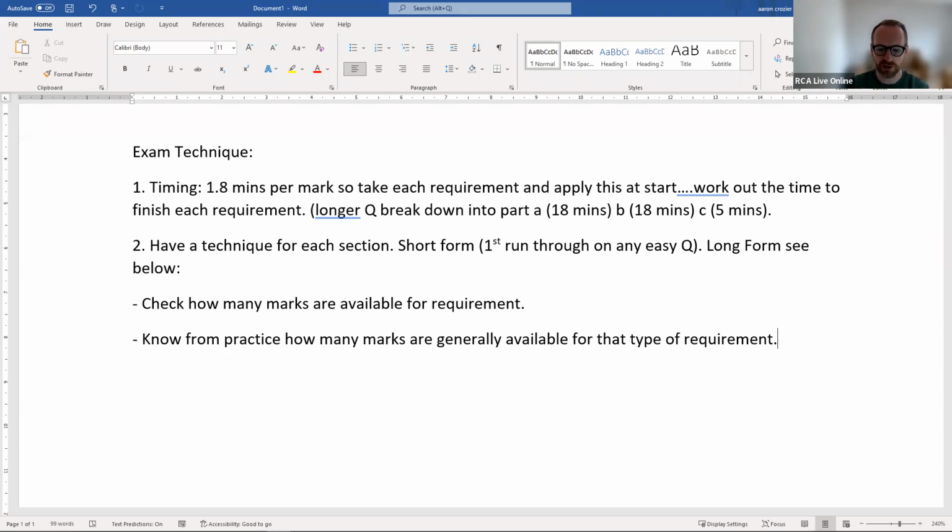Okay, now when you start to look at some of the other requirements, where you maybe need a little bit more development, then you might be getting more than 1 mark. So you're going to get 1 mark for a well-described procedure. You might get 2 marks. Generally for controls, if you're looking for what is the control and then how are you going to test it, that would be 2 marks.